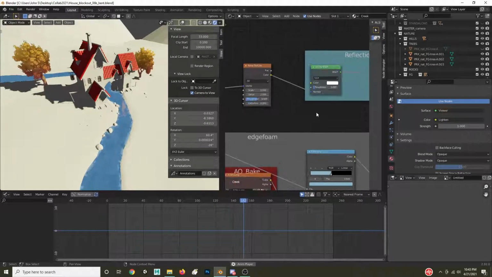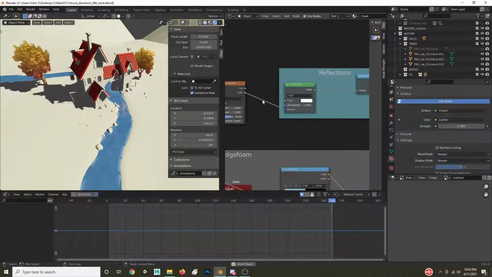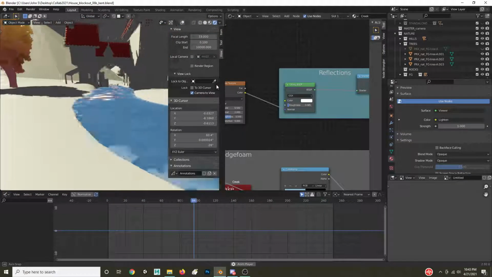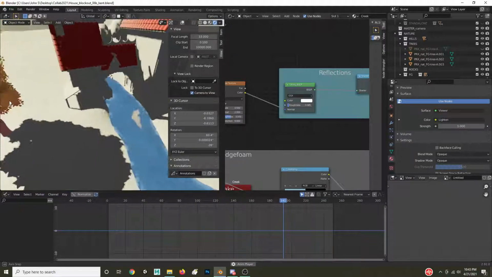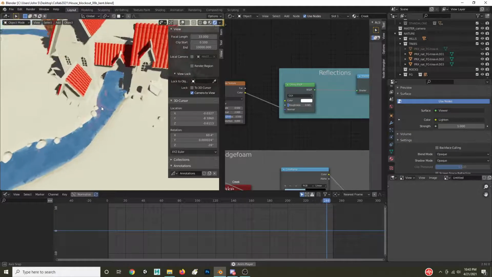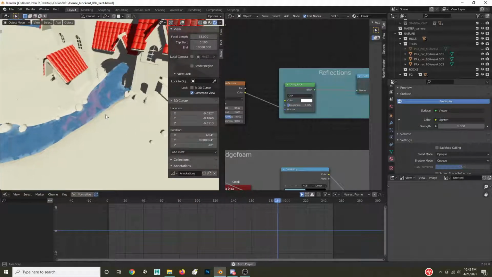I tried adding ways to lower the contrast of this effect because I think it's the dark pixels that are creating those really bright hotspots. The problem was anything I did to lower the contrast completely muted the reflections altogether.